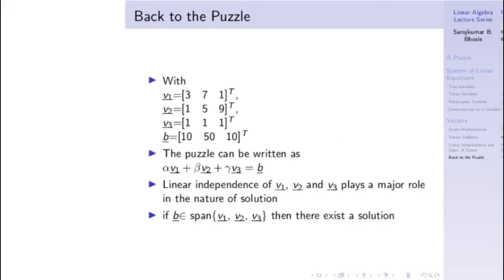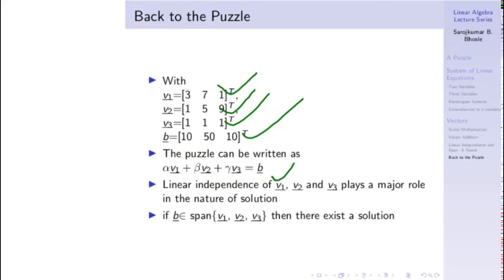We can represent every column: this is the first column, this is the second column, this is the third column, and this is the constant vector of the previous system. Now we can write this puzzle as this vector equation.